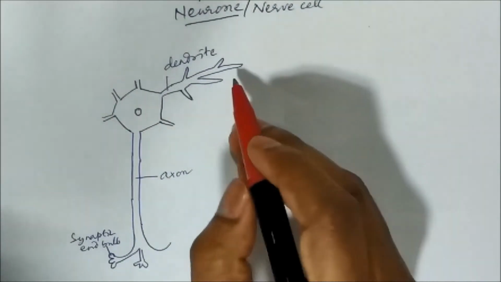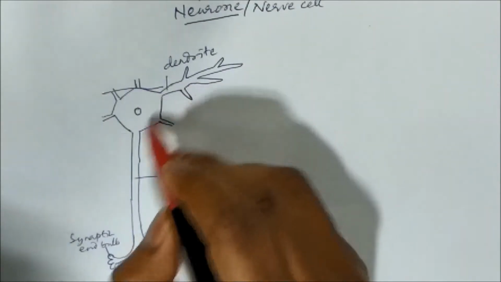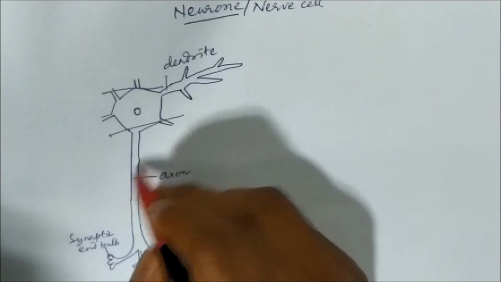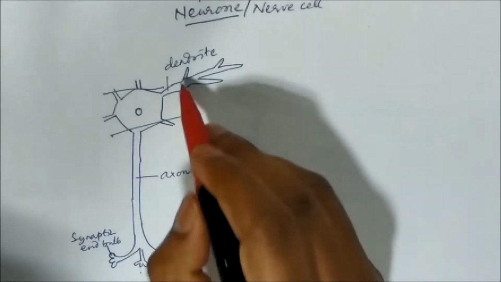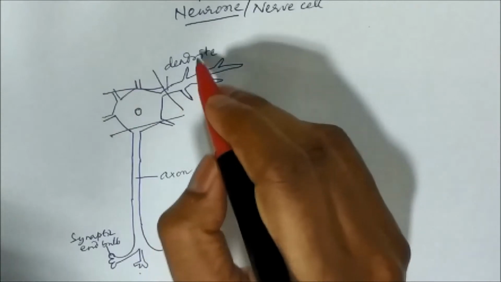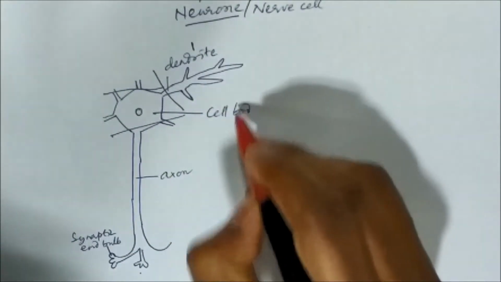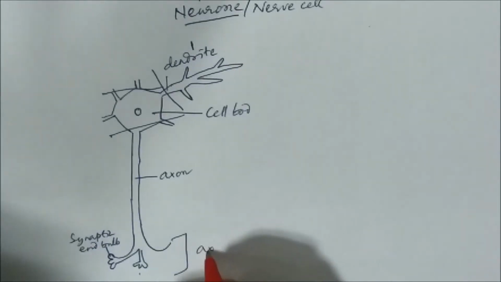We can divide a neuron into 3 parts: the dendrites, the cell body, and the axon and axon terminals.